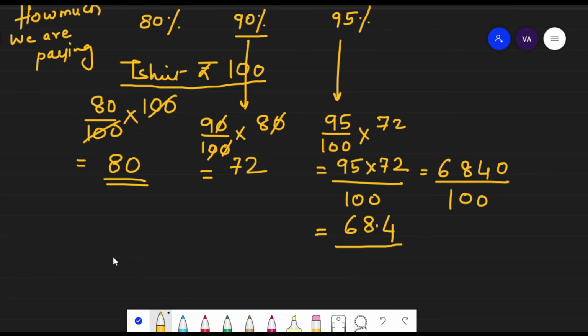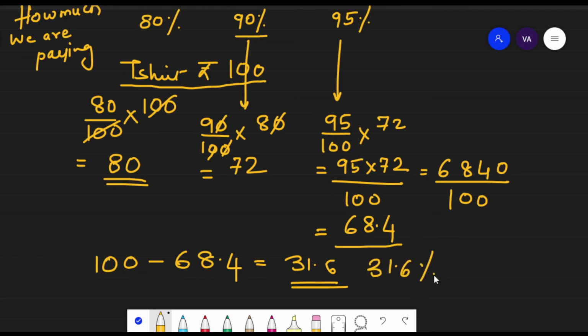That means how much we are not paying? 100 minus 68.4, that is 31.6 we are not paying. And when we are not paying, that is known as discount. And this is nothing but 31.6% discount we have got after availing 3 successive discounts.